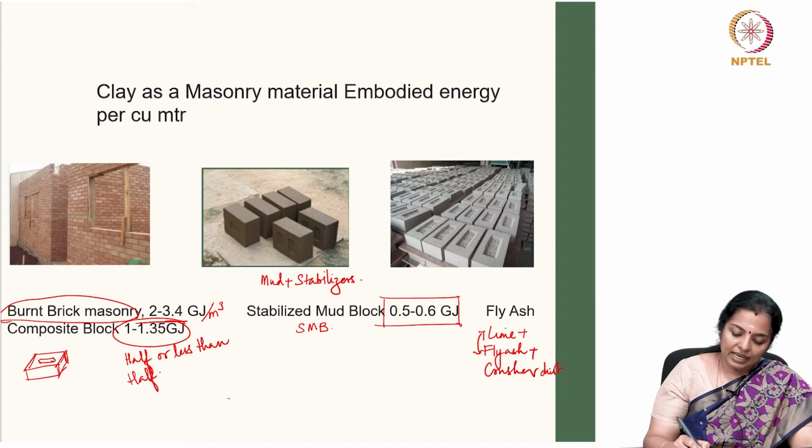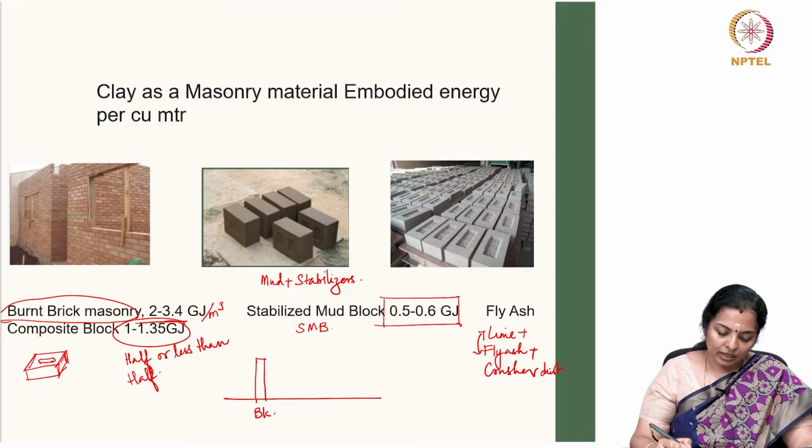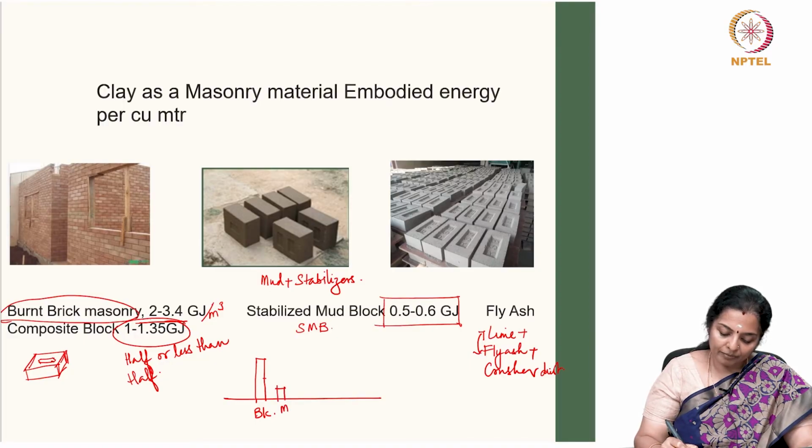So, if the embodied energy of brick masonry is 2 to 3 gigajoules per meter cube, stabilized mud block is 0.5 and fly ash is approximately 1.